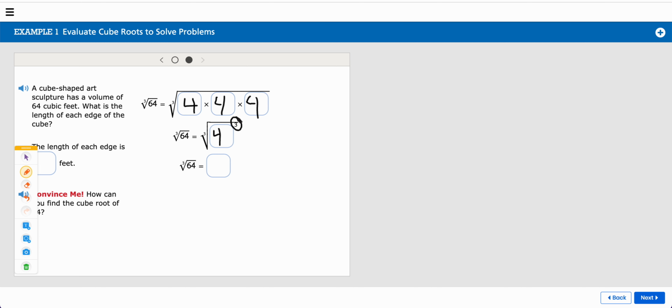That's the same thing as saying 4 times 4 times 4. And since we have a 3 in the notch here, taking the cube root, those two basically cancel each other out. In math, they are inverse operations. They undo one another. And so the cube root of 64 is 4. And so then the length of each edge of that art sculpture is 4 feet. Okay?